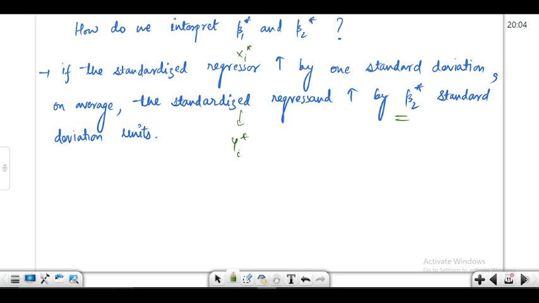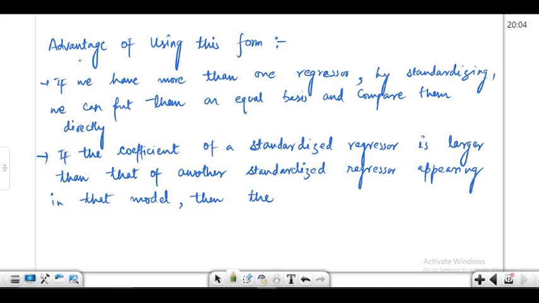Now, the advantage of this equation: this modification of the regression equation, where we use the standardized x and y variables, is more useful in the case of a multiple regression model where we have more than one regressor. We'll see this in the upcoming videos, where we'll talk about the multiple regression model.